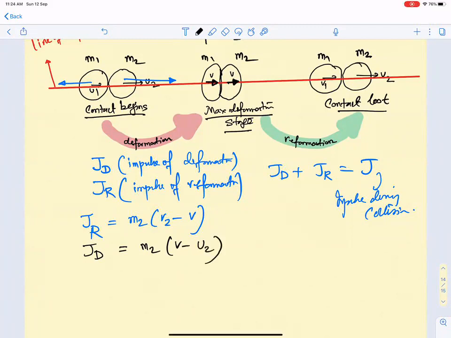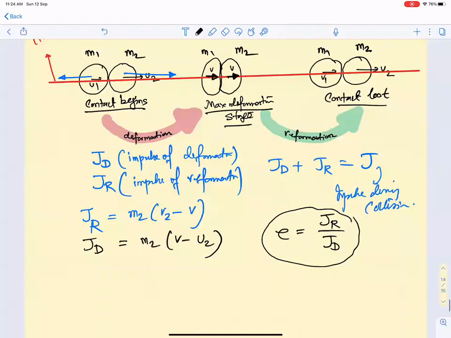And actually coefficient of restitution is defined like this. It is JR by JD, impulse of reformation by impulse of deformation. So for perfectly elastic collision, E equal to 1. Perfectly inelastic collision, E equal to 0.